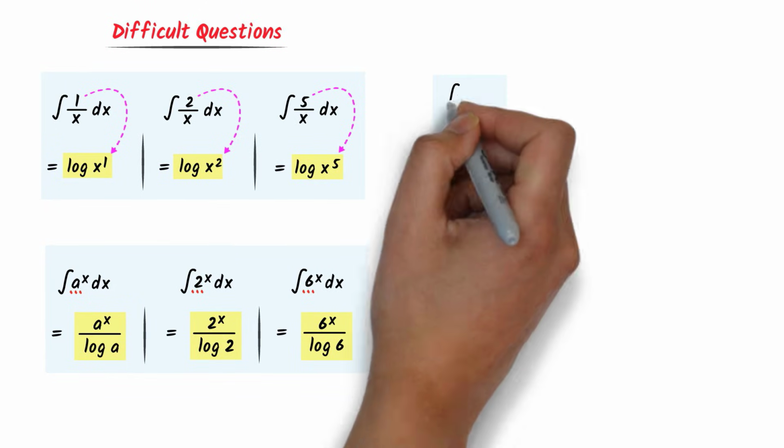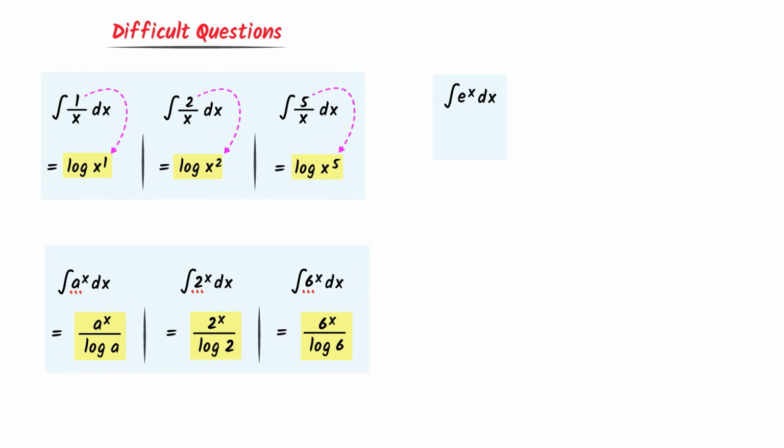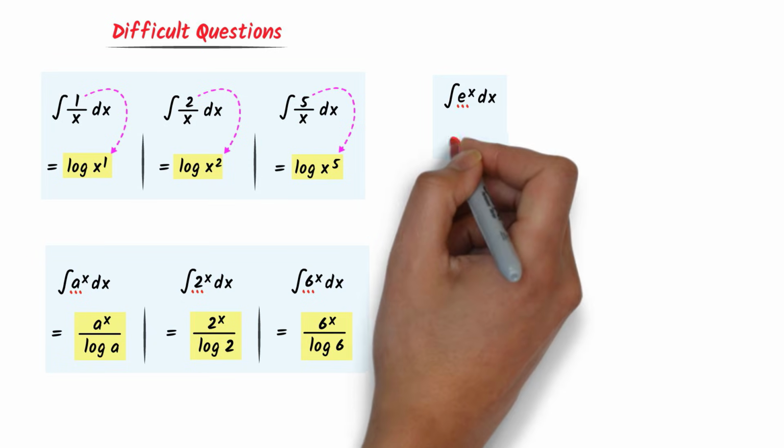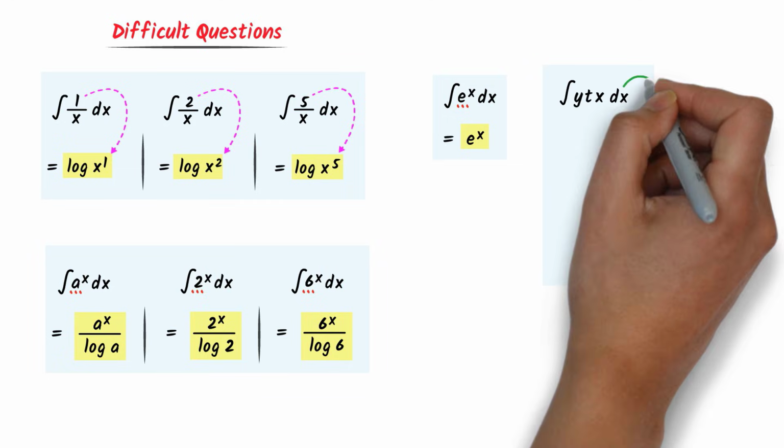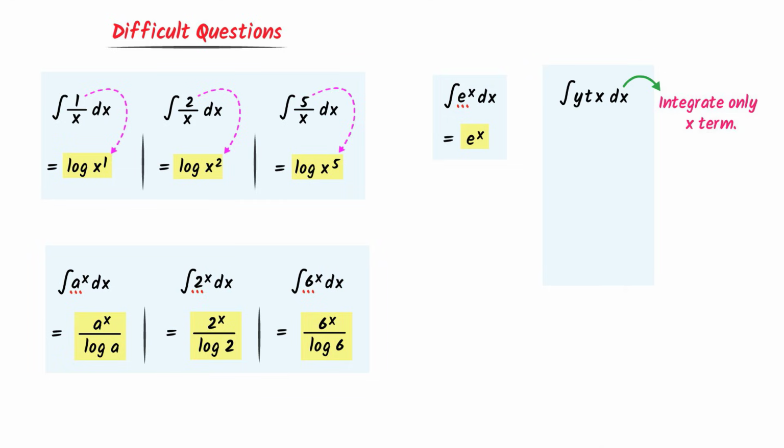Now consider these questions and find their integration. Well, the integration of e^x is the same as e^x plus c. In case of the second question, this dx means integrate the x term and all other terms are constant. So I write yt integral x into dx.